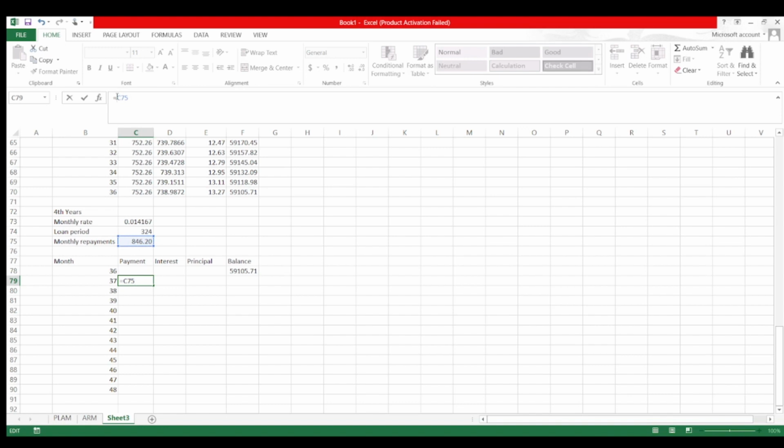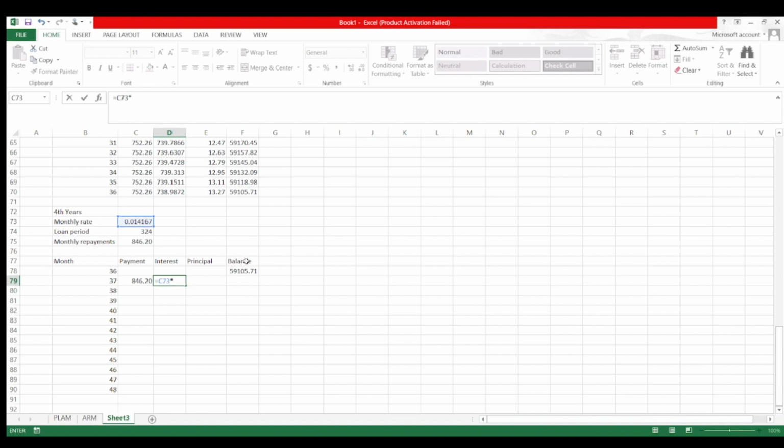So you'll notice that once you get the monthly repayments, the other steps are similar to the steps which we did earlier, as long as we now take the new amounts.